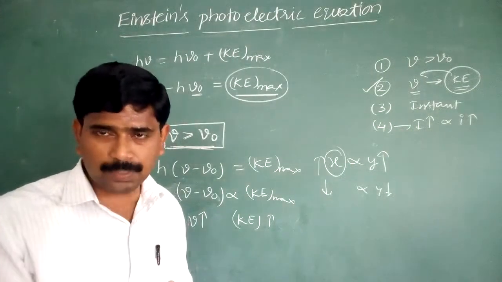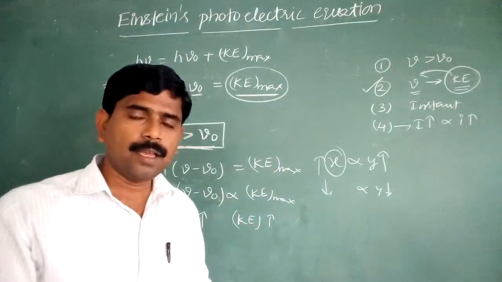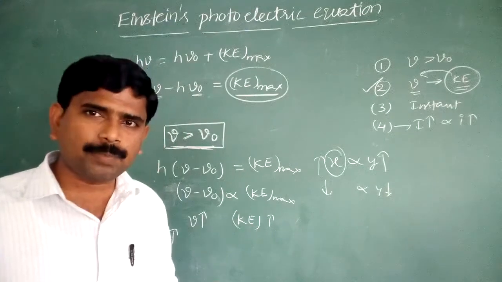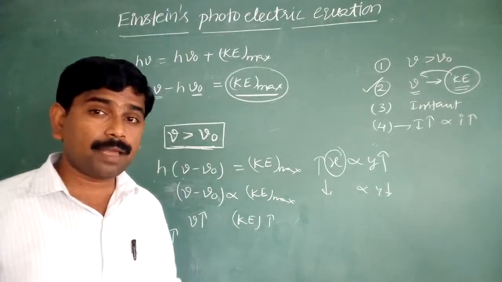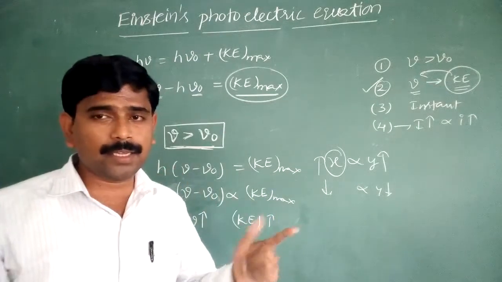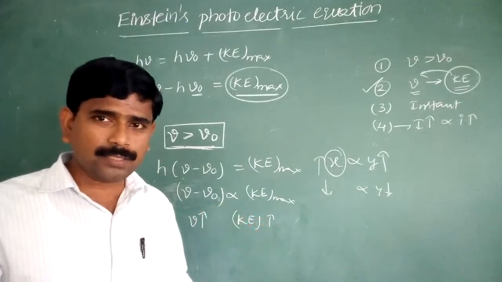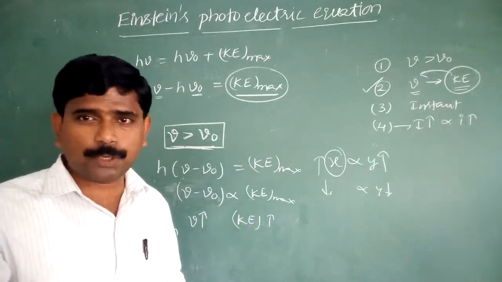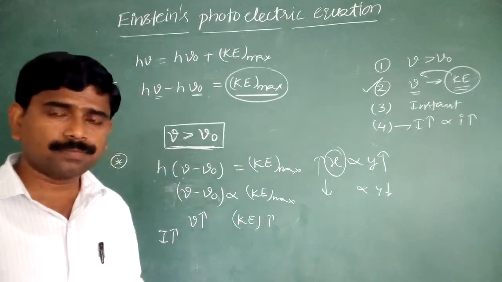Intensity increases means the number of photons in that radiation increases. The number of photons increases, so the number of emitted electrons increases. When the emitted electrons move in the external circuit, they constitute the current. So the photoelectric current value increases.